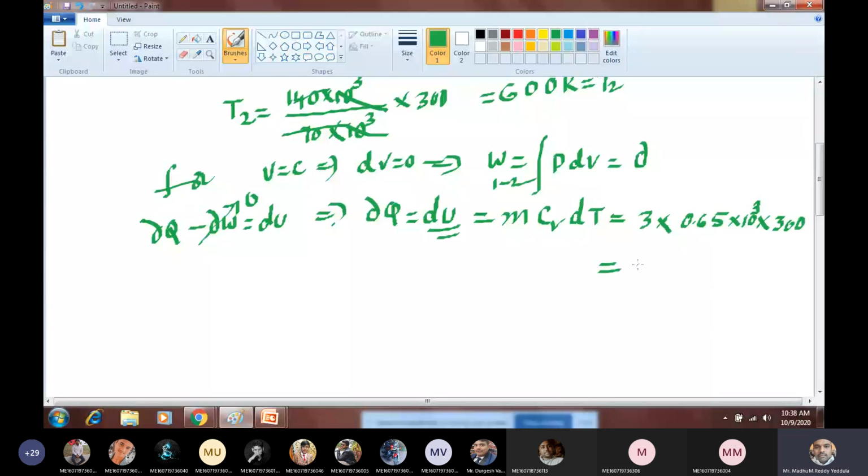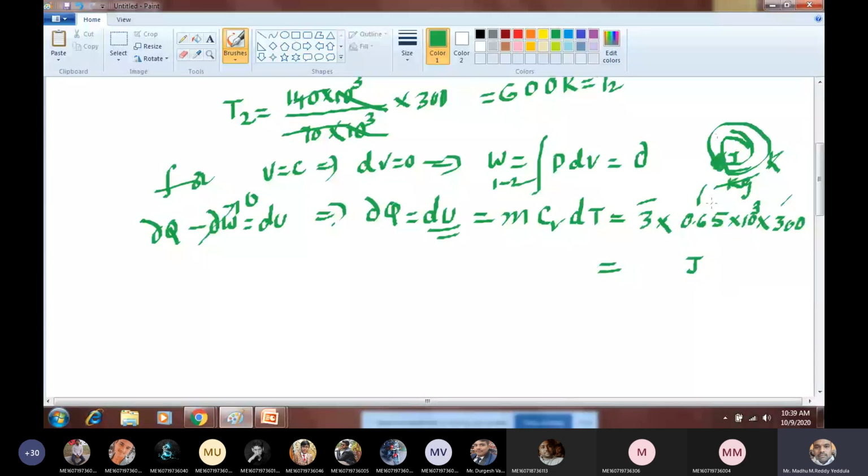Because 0.65 is in kilojoules, we convert it to joules by multiplying by 10 power 3. The kg and kg cancel, the Kelvin and Kelvin cancel, so you are left with only joule as the unit.